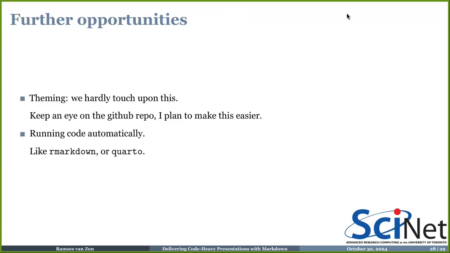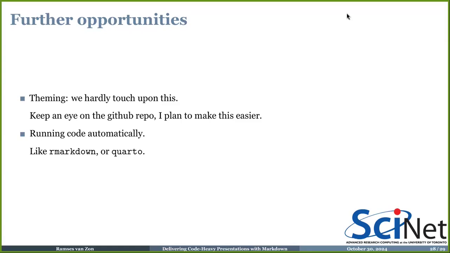There's a few things that I haven't touched upon here. One is theming a little bit more beyond what Beamer gives you, and I'm working on that. Internally, we already have some of that, but I'm working on making that a little bit more generic, so keep an eye on the GitHub repo if you want.